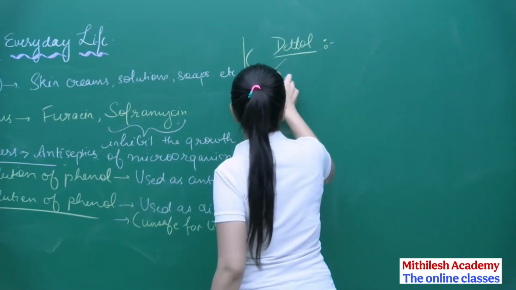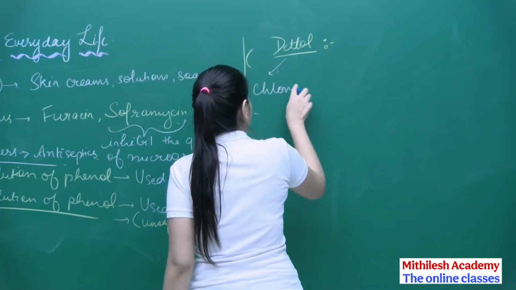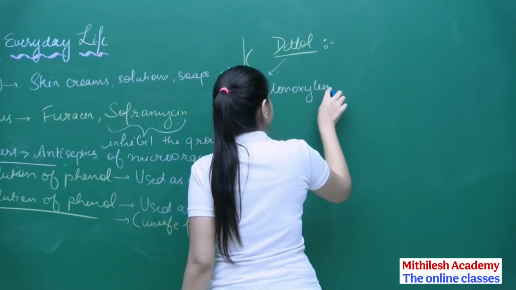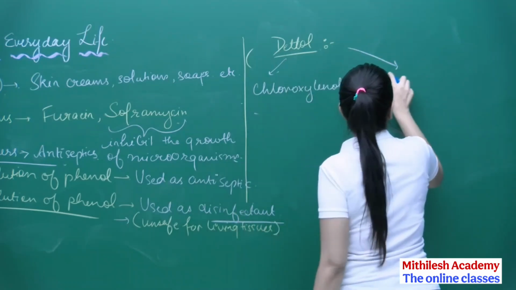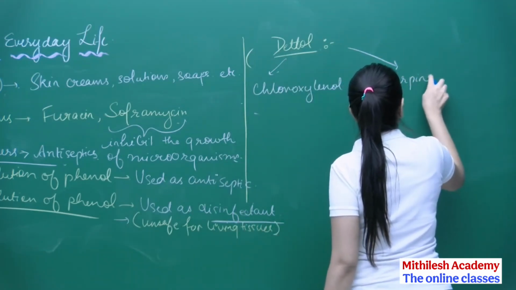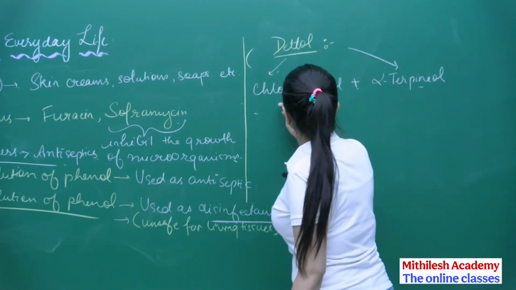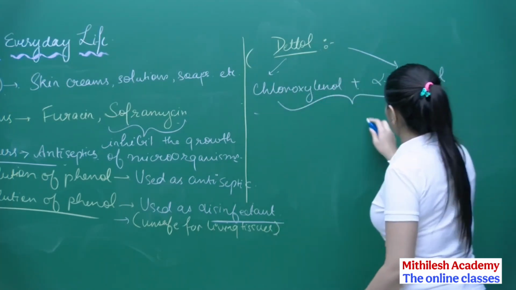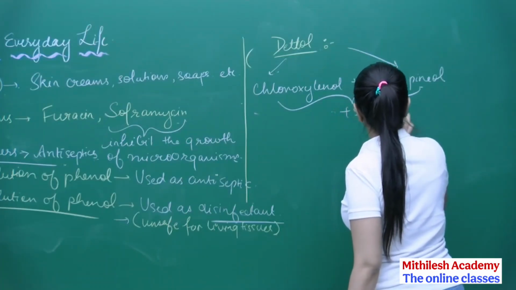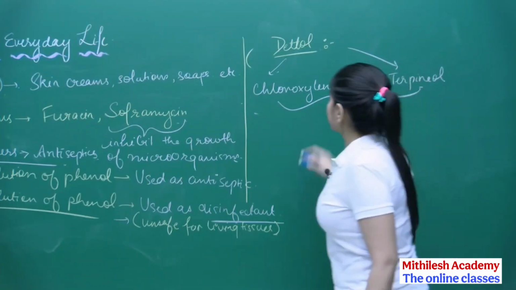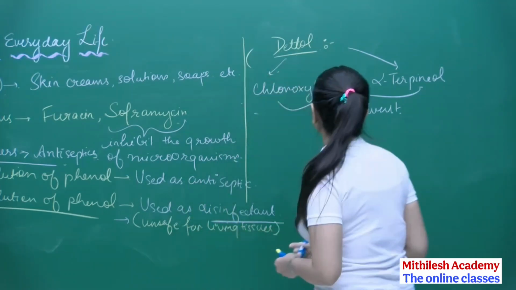It has chloroxylenol, and the second is alpha terpineol. So these are the 2 chemicals along with a solvent. This is nothing but the formulation of Dettol.